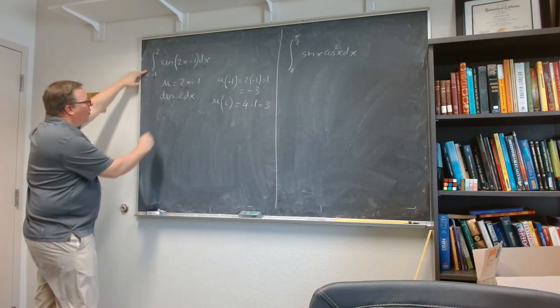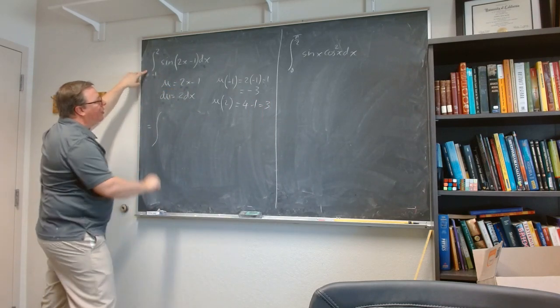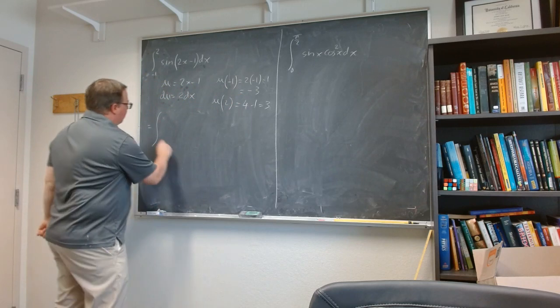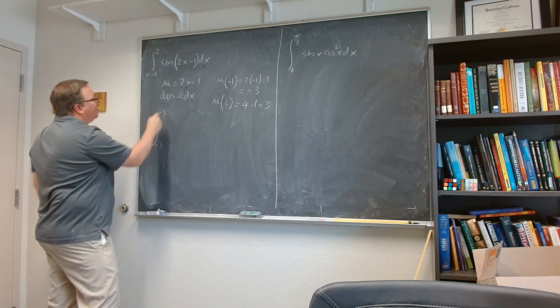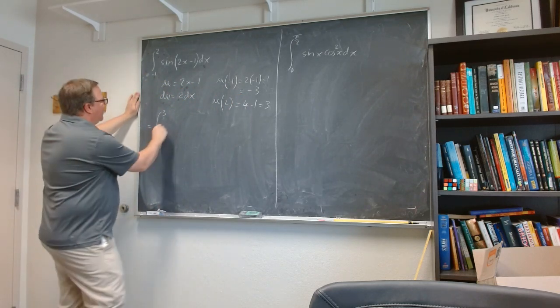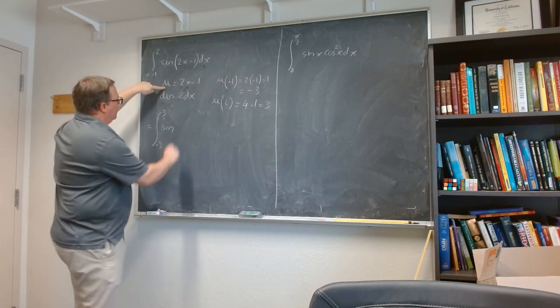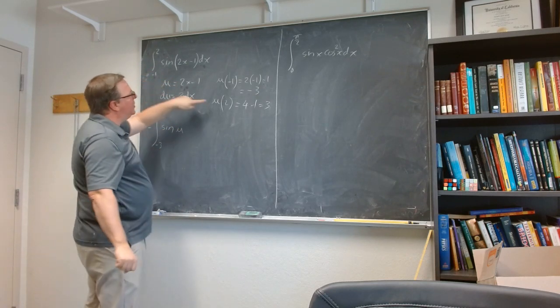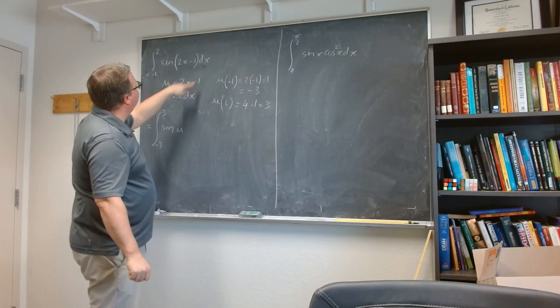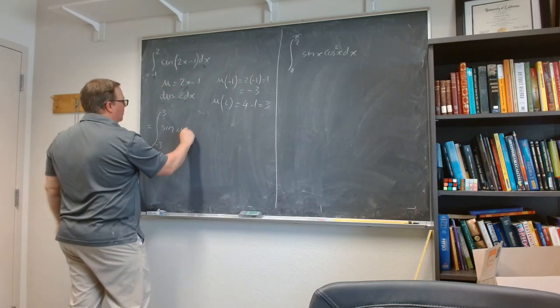And so our whole integral becomes the integral from the lower bound of -3 to the upper bound of 3 of sine of u times, instead of dx, we have du over 2.